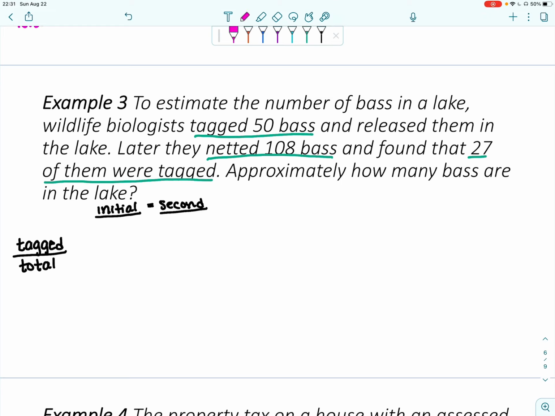So in their initial one, they had 50 tagged out of an unknown total. That's what we're trying to figure out. And then when they went back later, they found 27 tagged out of the 108 that they netted. So out of the 108 total that they were looking at.